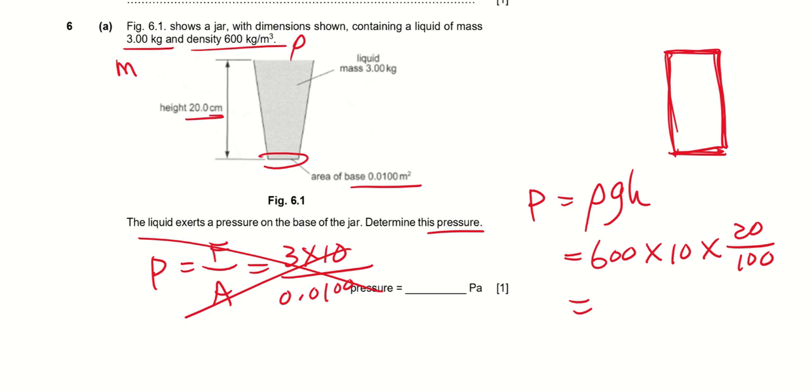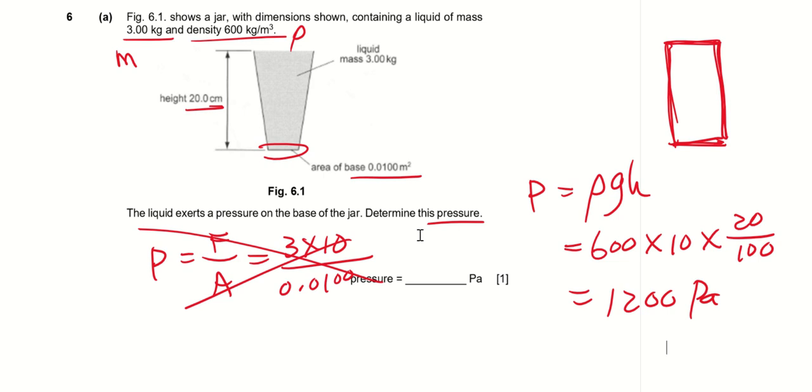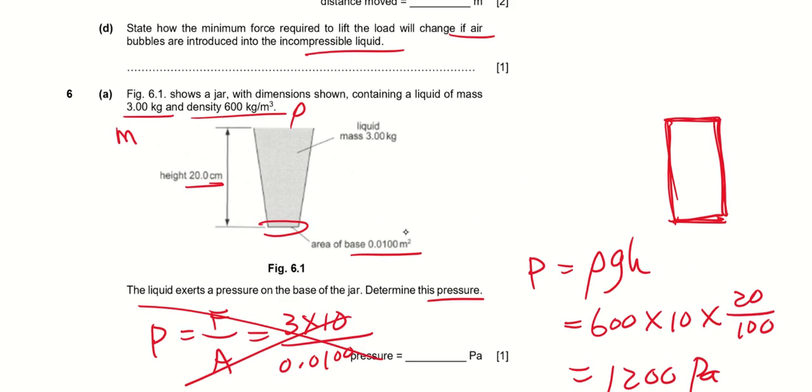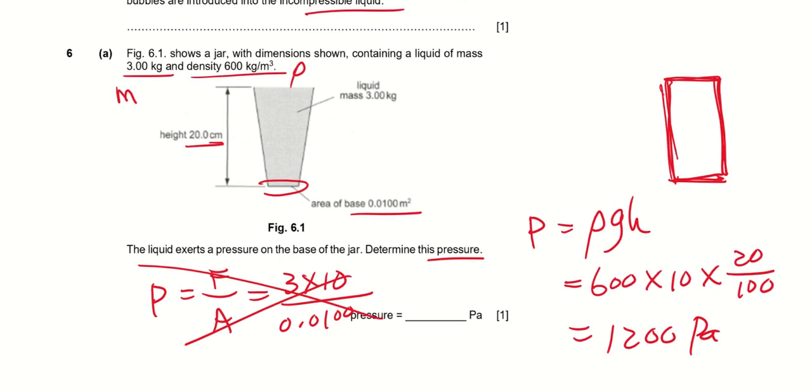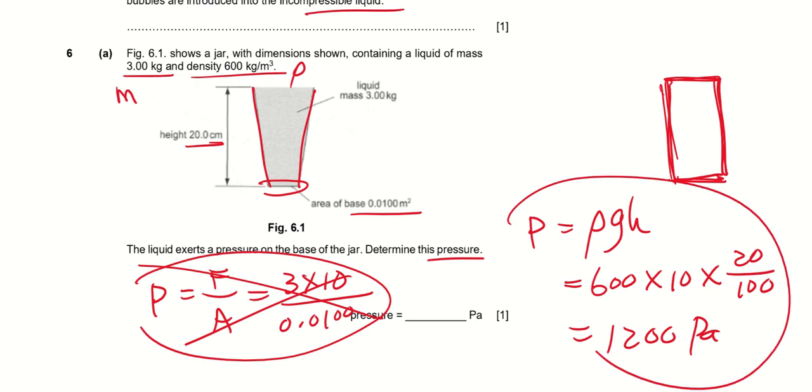So I will get 1200 Pascal. And that's the end of this. Just take note that if it is not a regular shape, if it is slanted, then we cannot use pressure equals force over area, because of the slanted side. So we have to use pressure equals rho g h. Can?